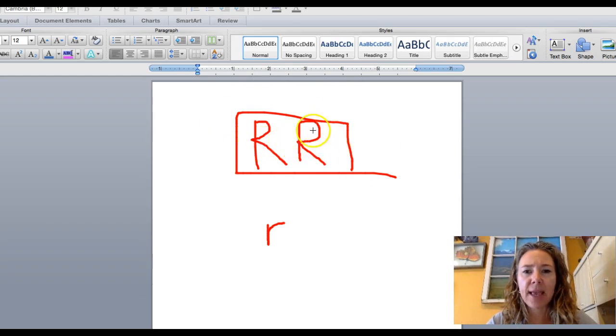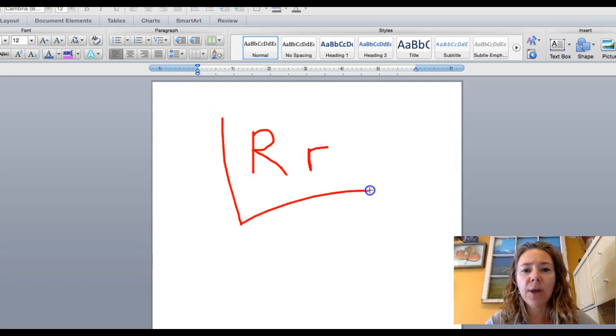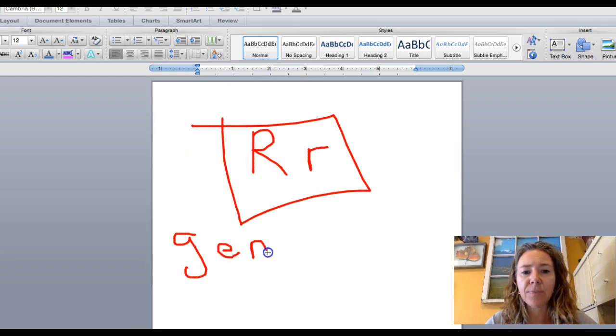They're both dominant and they're both big R. But a plant that has the dominant trait from mom, that might be purple, and the recessive trait from dad could have a genotype that looks like this, and we call this heterozygous. And in this case, the genotype that we're talking about is big R, little r, which is heterozygous.